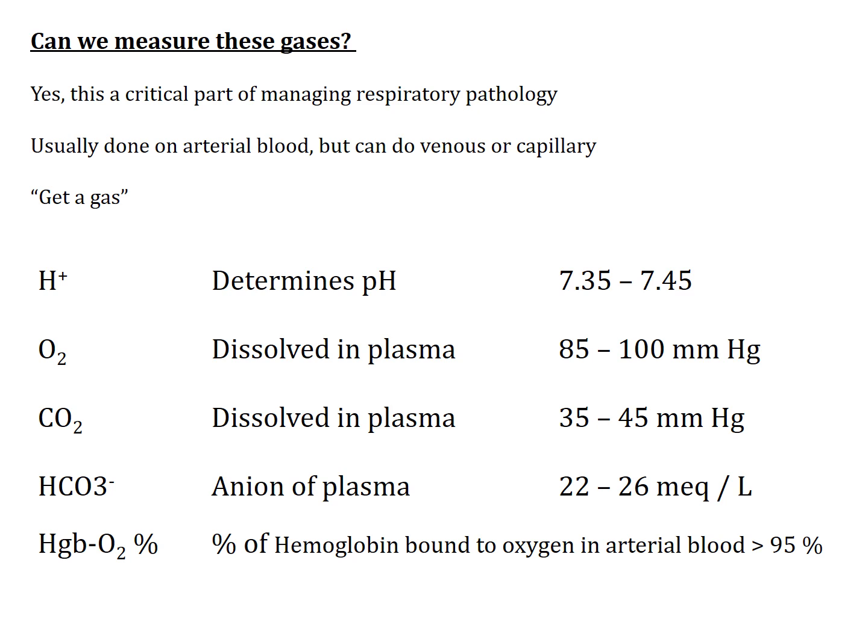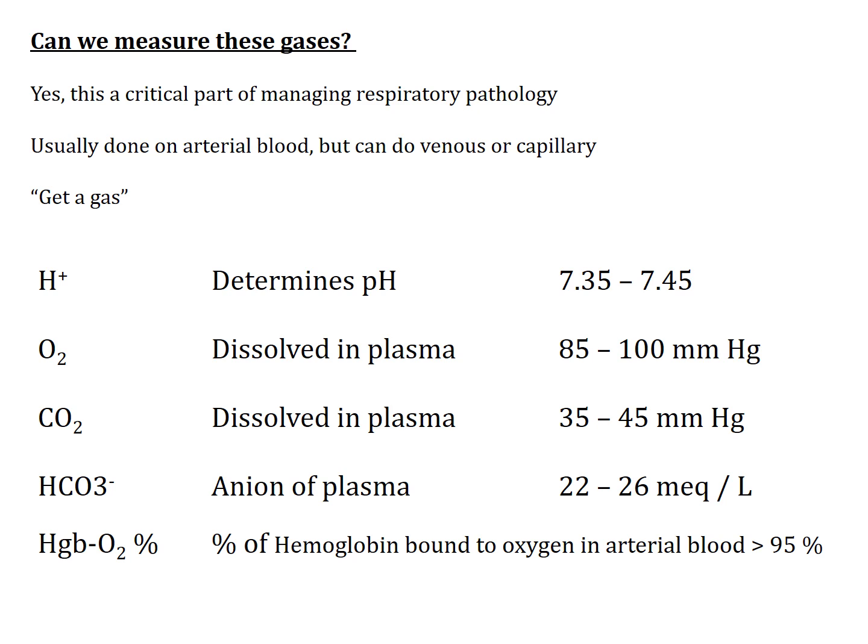Sometimes you can even just interpret the venous or the capillary blood gas, but very often a blood gas is done on arterial blood, and looking at those blood gases is critical in resuscitation and in managing respiratory pathology.